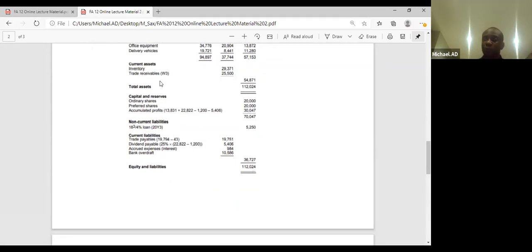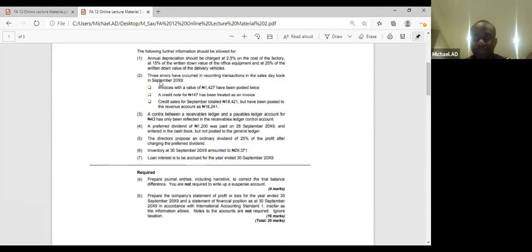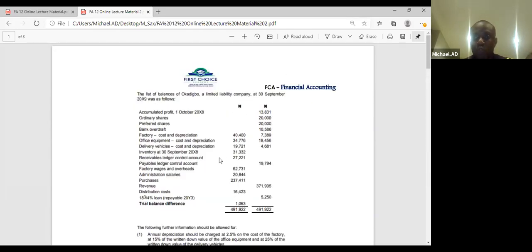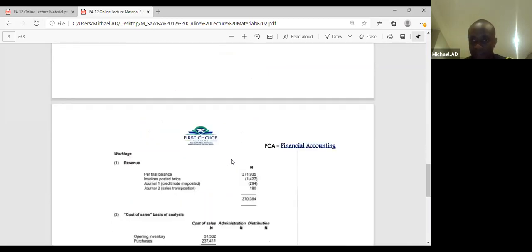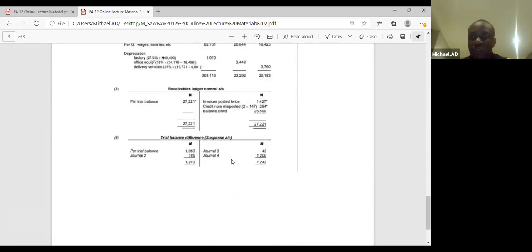Now, trade receivables. Remember that we've adjusted our sales a lot. And remember that our trade receivables was from an incomplete record. Do you know why? Because even from the question, it says receivable ledger control account of 27,221. If you could remember, it's a debit entry, balance as per this.